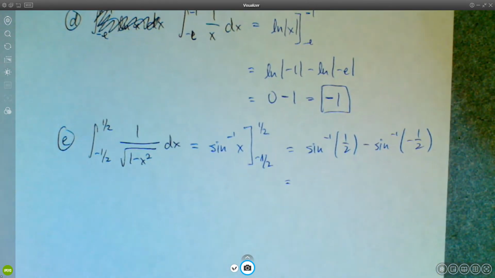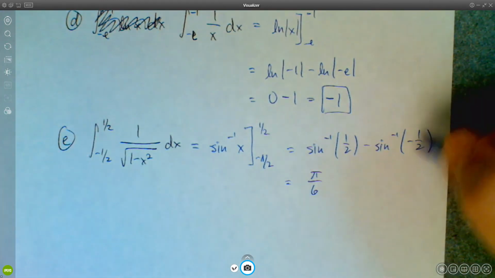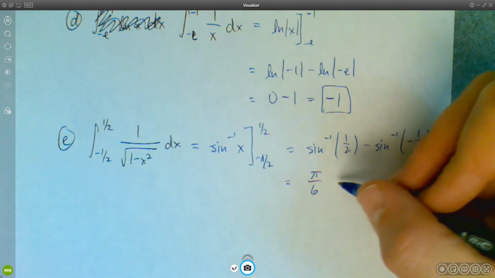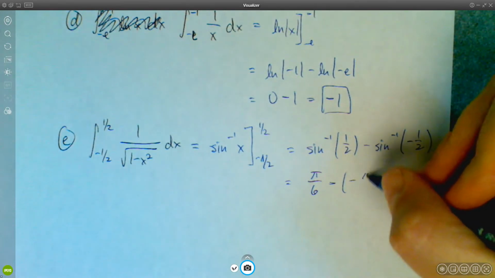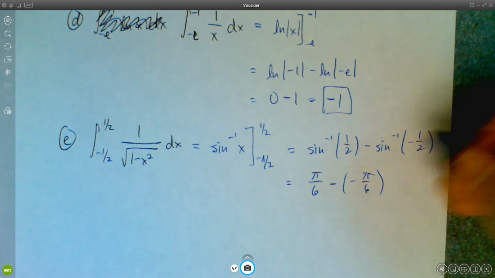Now, sine inverse of 1/2. Sine of what angle equals 1/2? Pi over 6, right? So this is going to be pi over 6. Sine inverse of -1/2 would be negative pi over 6. So pi over 6 minus negative pi over 6. It's pi over 6 plus pi over 6, 2 pi over 6, right? Pi over 3.